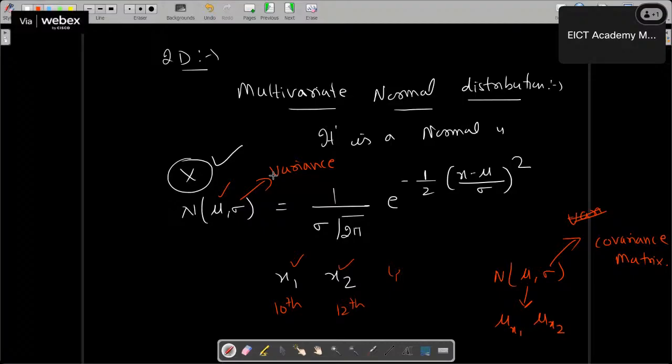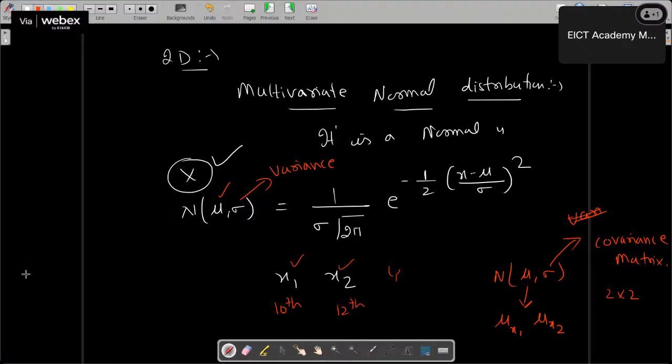Now in two dimensions or more than one dimension, this sigma will be the covariance matrix. If there are two input features, the covariance matrix will be 2 cross 2. If three input features, it will be 3 cross 3, and so on.